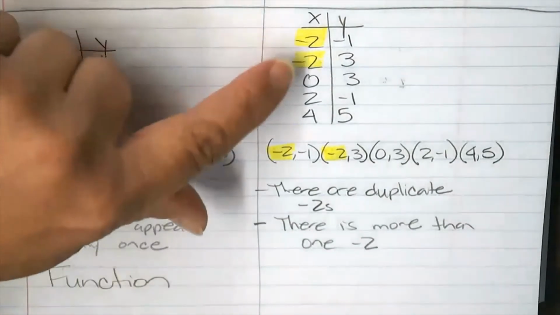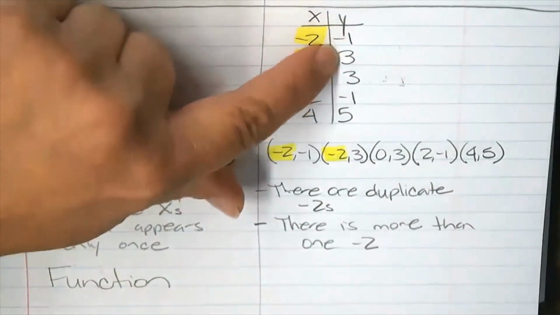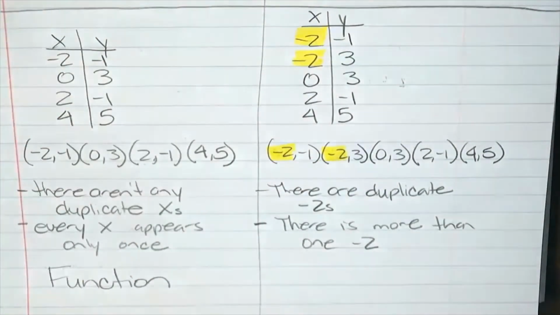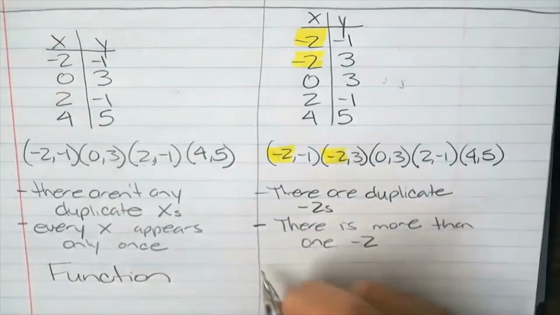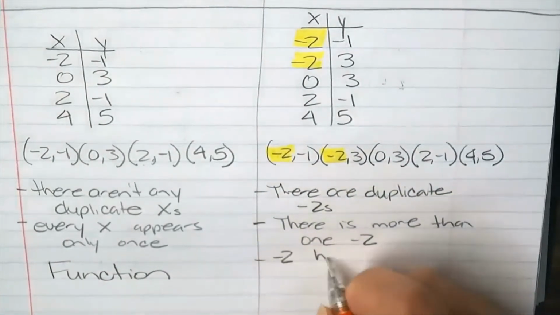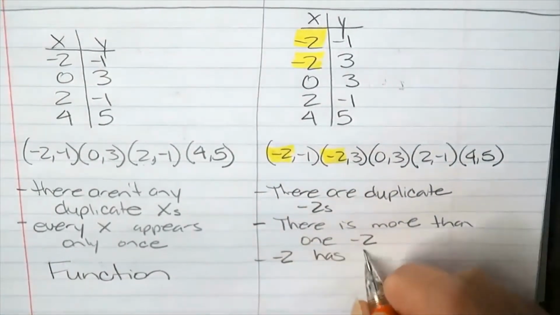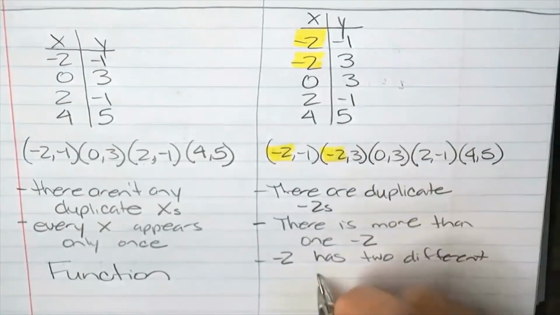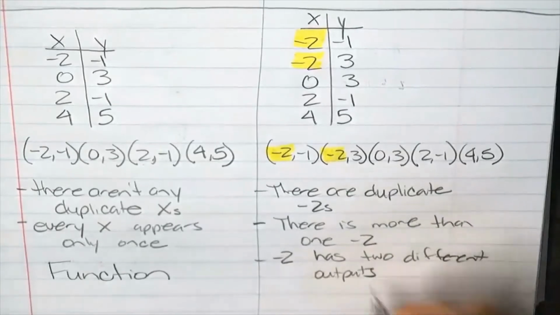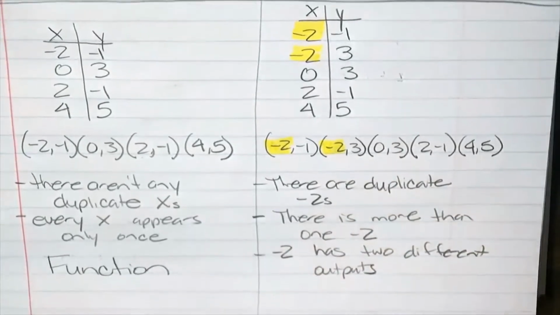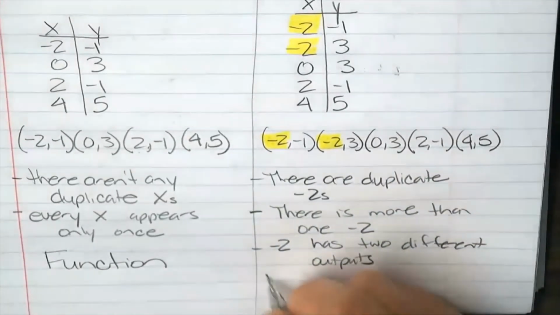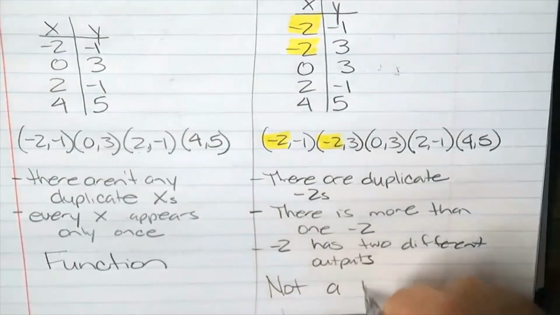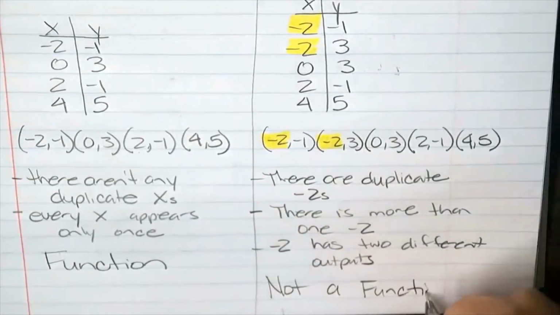So that means -2 has 2 different outputs. Therefore, this is not a function.